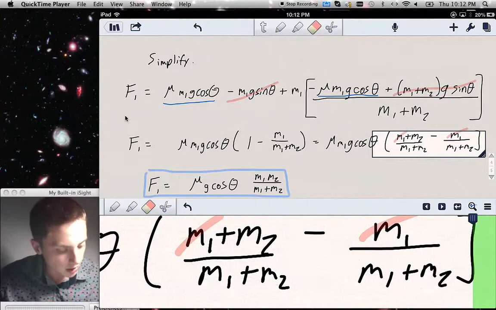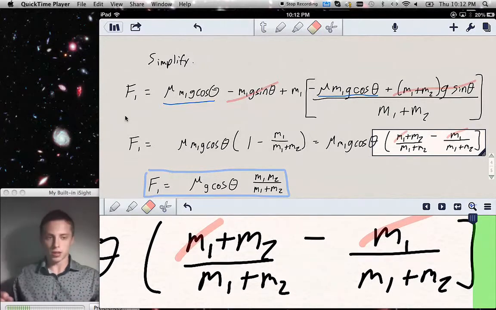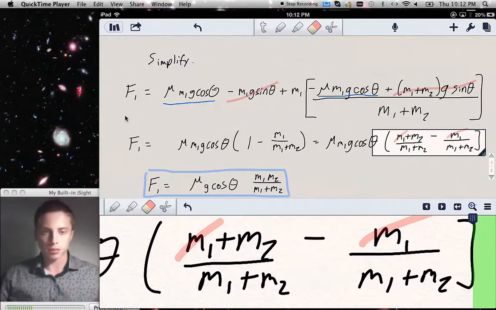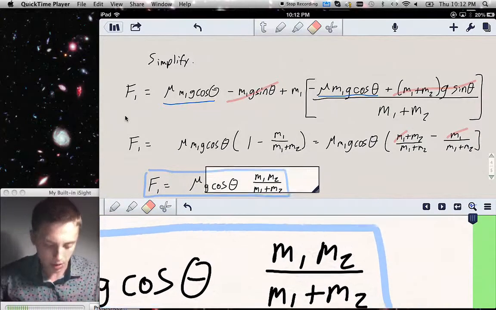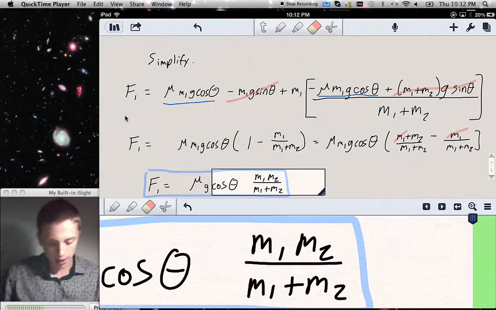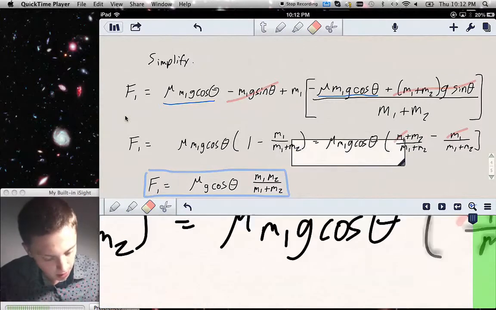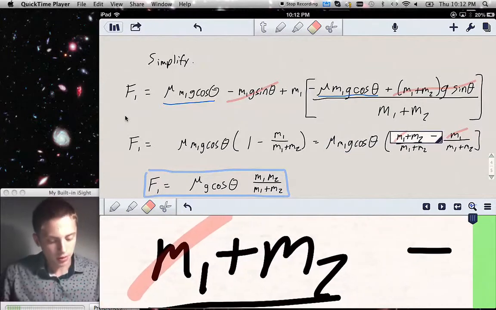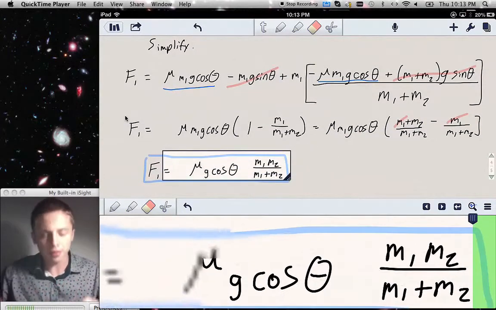And when I do that, I see that these m1s will cancel up here in the numerators, and I'll be left with m2 divided by m1 plus m2. So factoring out all the mass terms, just putting them over to the right side, I get mu mg cosine theta times this m1 here, times the m2 that's left over, and then divided by m1 plus m2. I found that for F1.